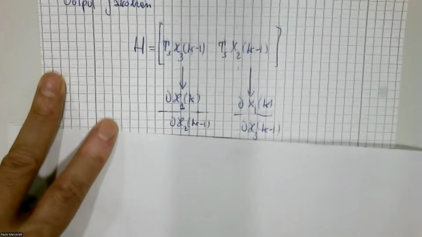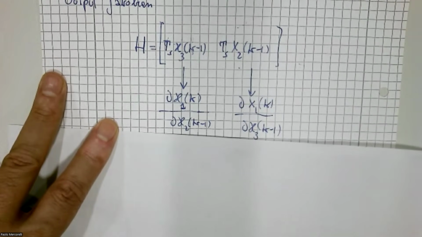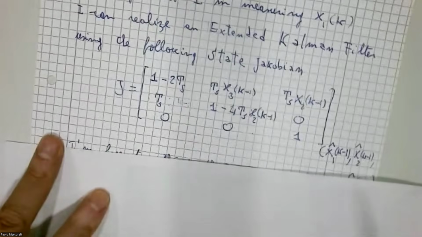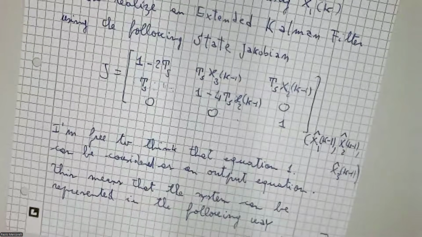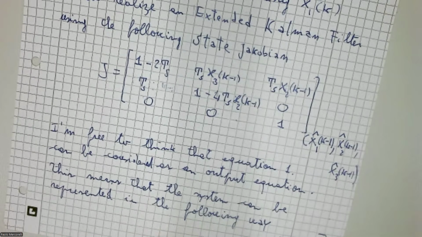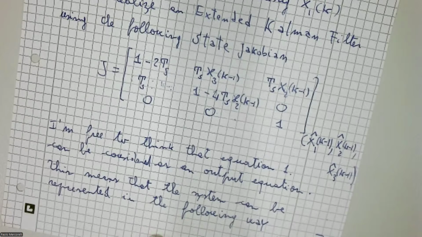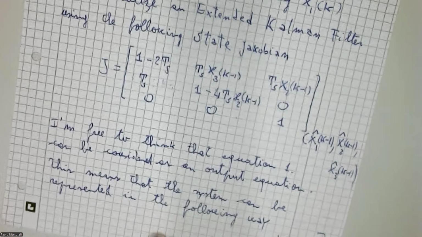But of course, we can test all possible combinations. We have 3 possible combinations, and the standard one for the Kalman filter, and then compare using a norm, for instance, the a posteriori error covariance matrix, or the trace of this matrix, or one element of this diagonal matrix.